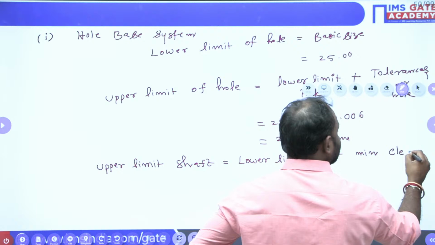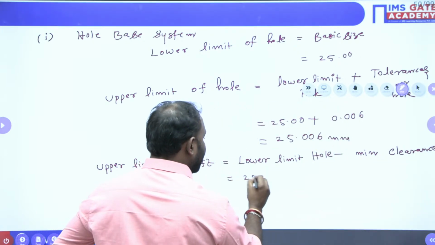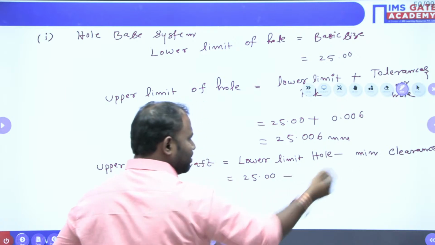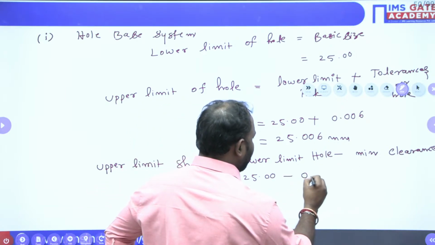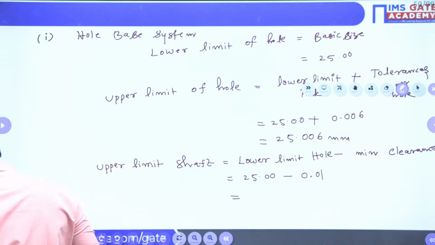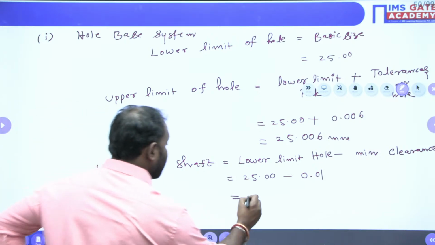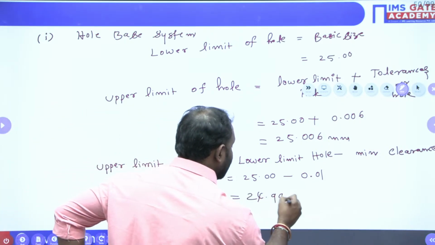So what is the lower limit of the hole? 25.00 minus minimum clearance, which is 0.01. From there I get the upper limit of the shaft is equal to 24.99 mm.